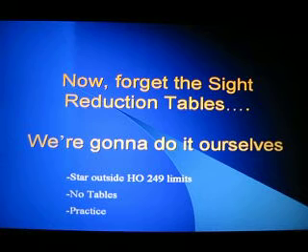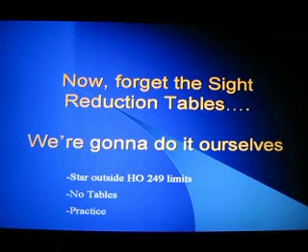Well, let's pretend that we're going to forget about the sight reduction tables. We want to do it ourselves. Why would we ever do that? Why would we want to solve this navigation triangle by ourselves instead of looking in the sight reduction tables? Well, HO 249 Volume 2 that we use as the sight reduction tables has limits.